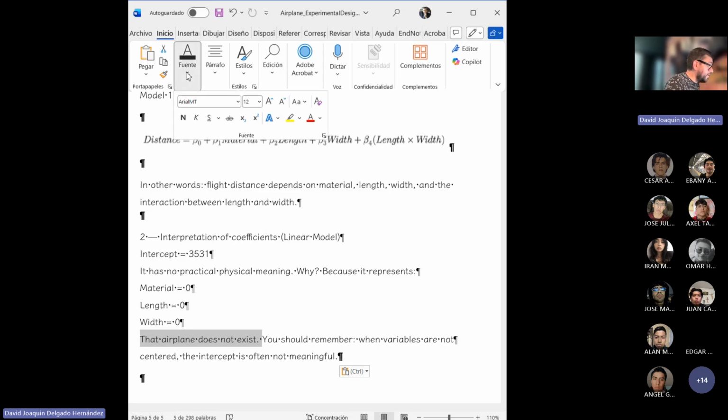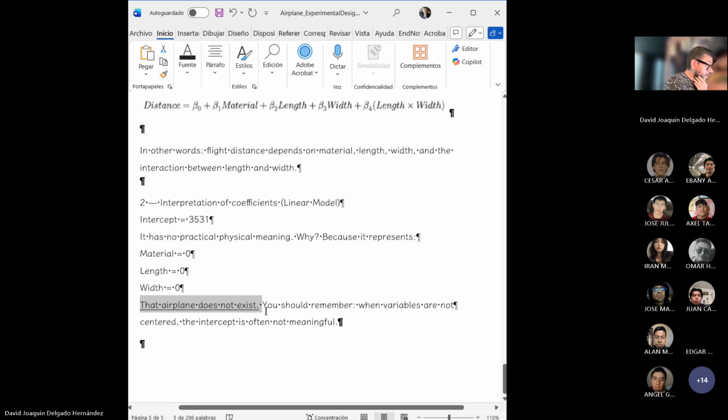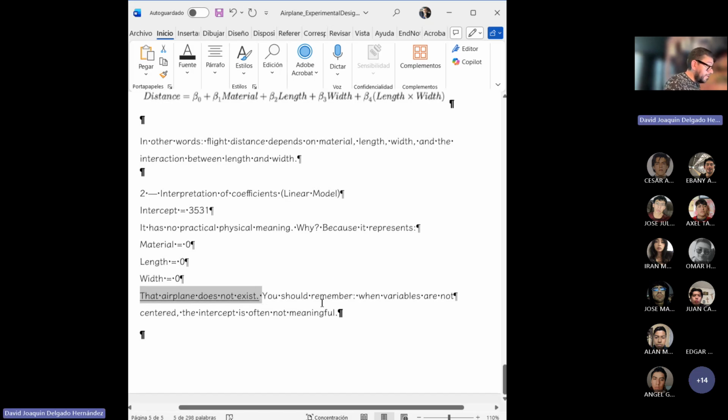I will highlight this: when variables are not centered, the intercept is often not meaningful. So this is one thing that we should be very careful about.